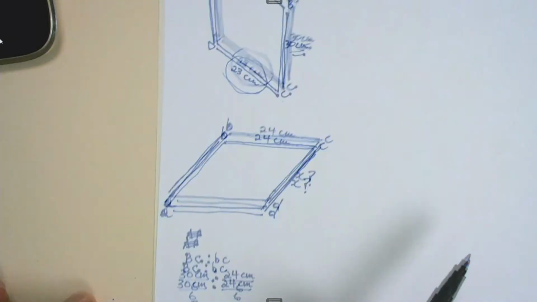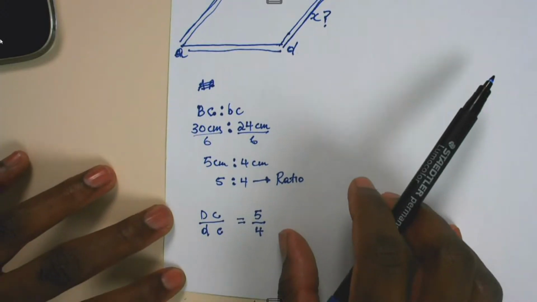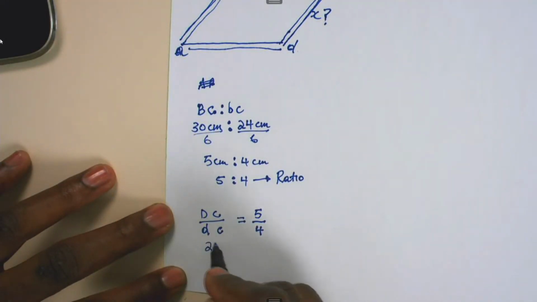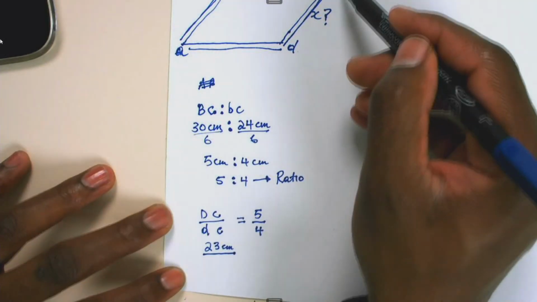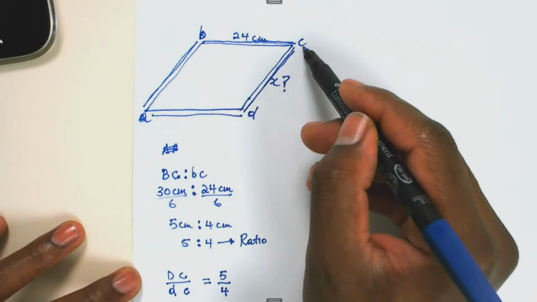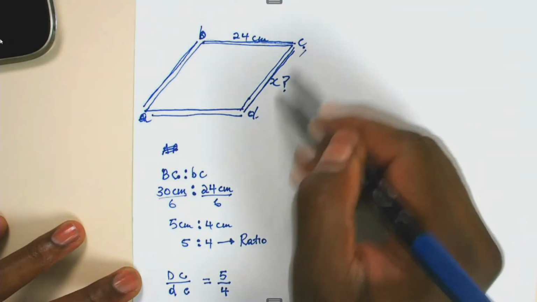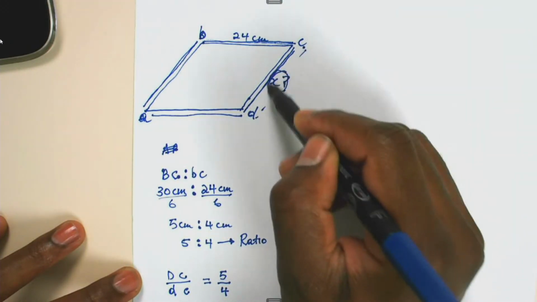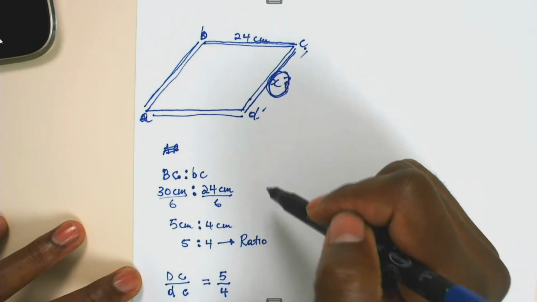So we'll replace that. DC will be 23 centimeters, all divided by the side small dc, this side. It is given to us as x. In other words, we need to find it.